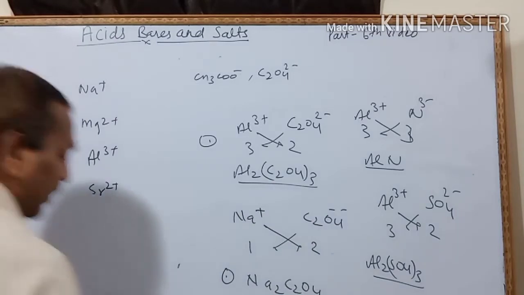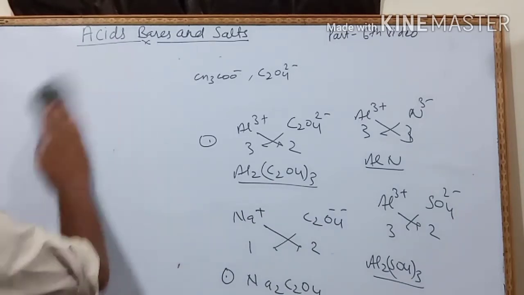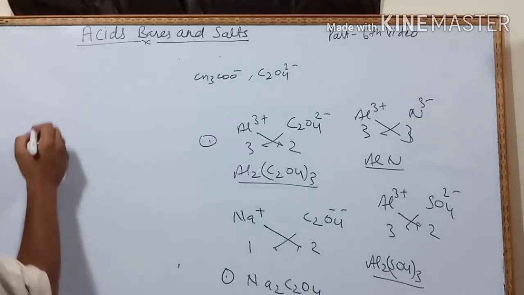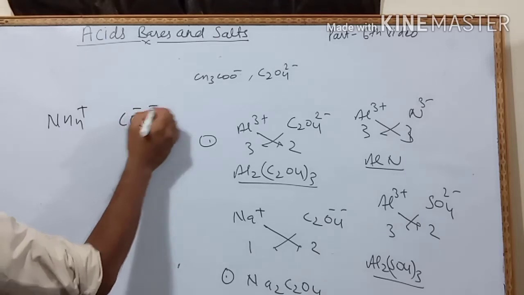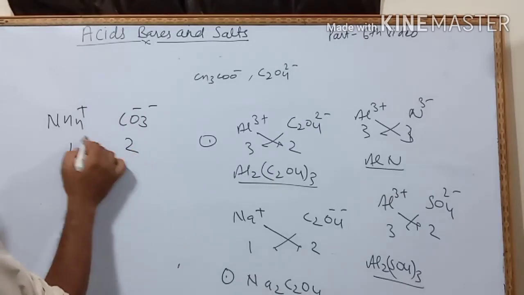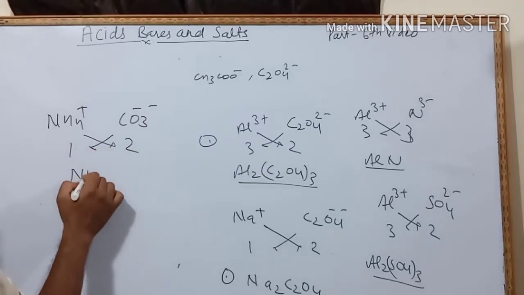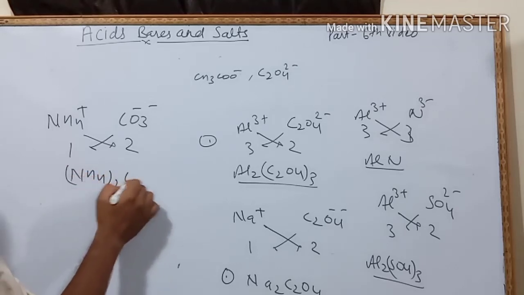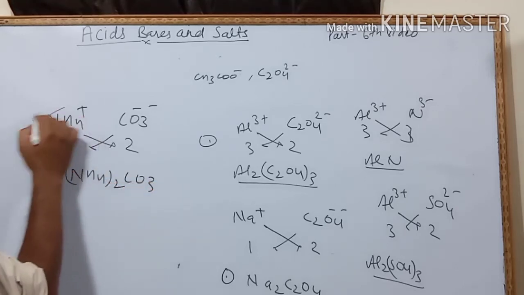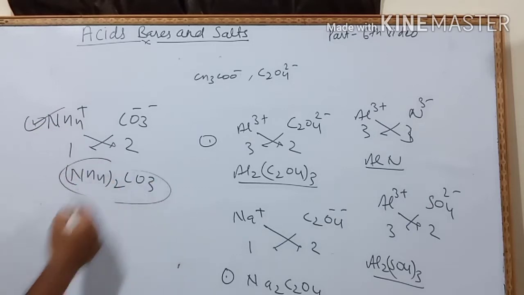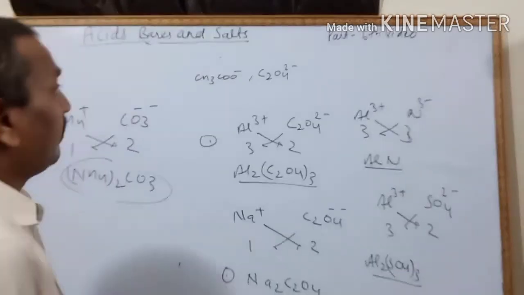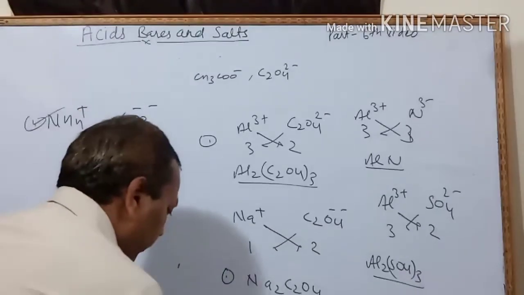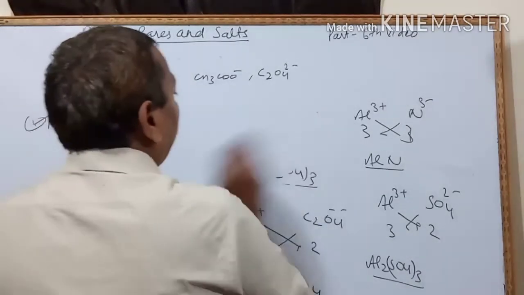Now carbonate: with the ammonium cation, by the same crisscross method, we get (NH4)2CO3, ammonium carbonate. So children, here are a few examples of different chlorides and sulfates. Let's take one more example, nitrates.